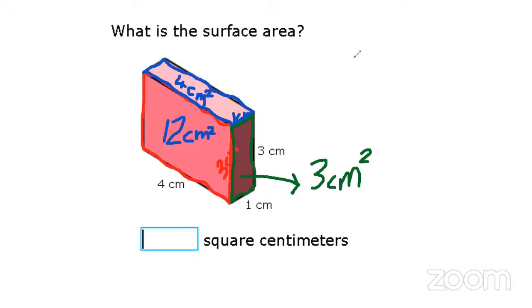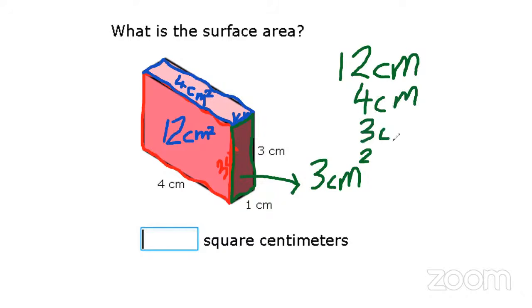So if one part is 12 square centimeters here, and we have another part 4 square centimeters, and we have this part 3 square centimeters, let's go ahead and figure this out.